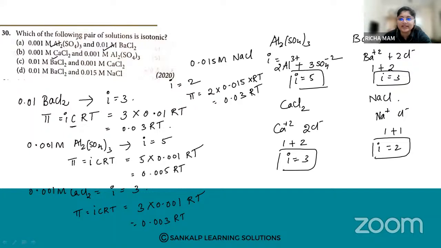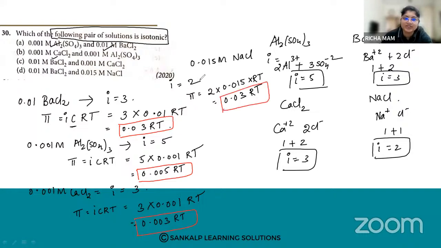So whose concentrations are the same, students? What are isotonic solutions? What is the question? Which of the following pairs of solution is isotonic? It means which have the same concentration. So we have 0.03, then 0.005, then 0.003, and this 0.03. So which is this? This is NaCl and your barium chloride. So which is the answer now? Can you tell me?